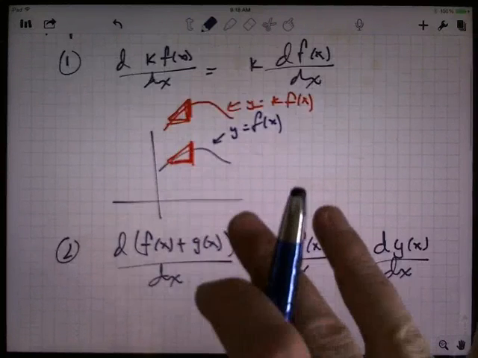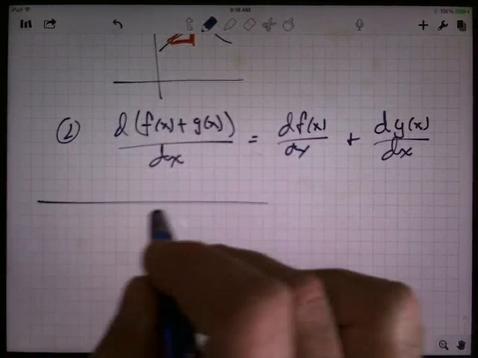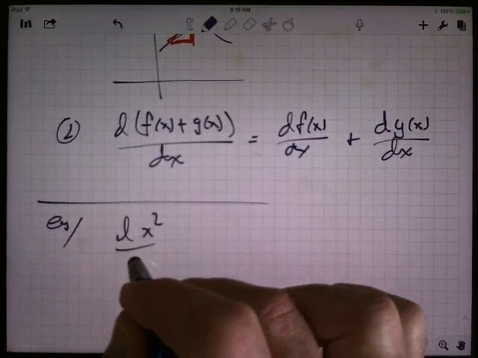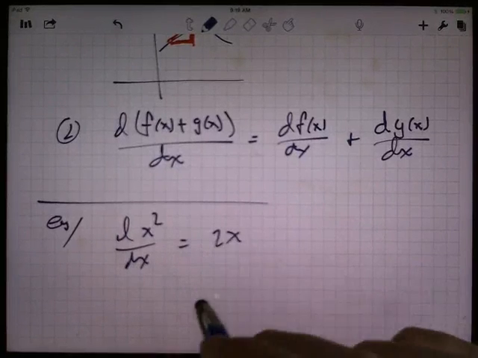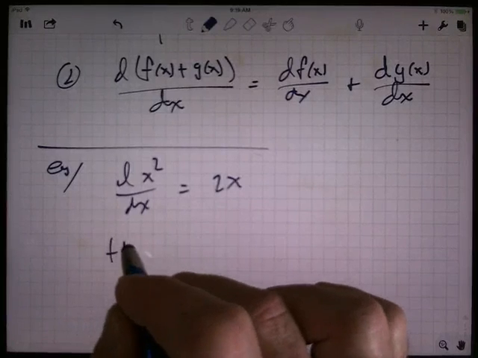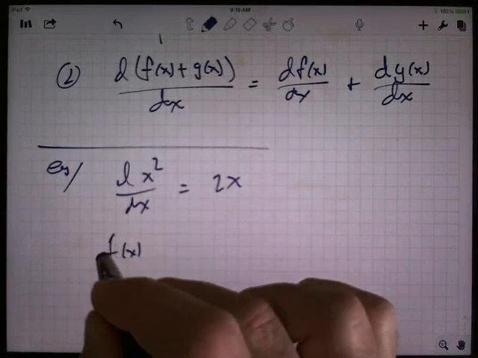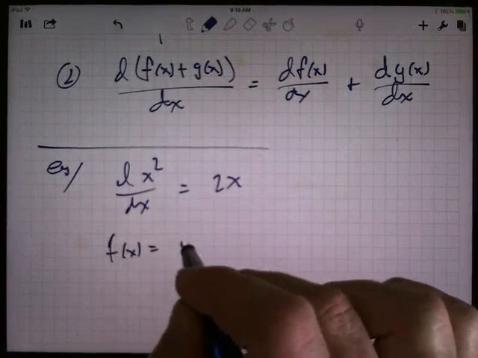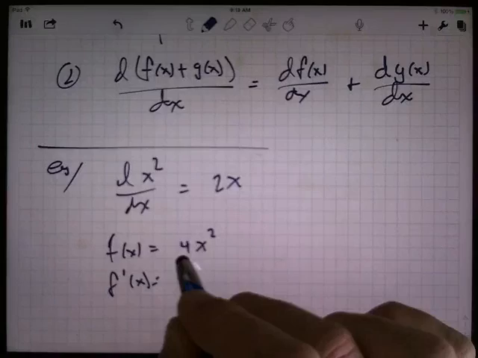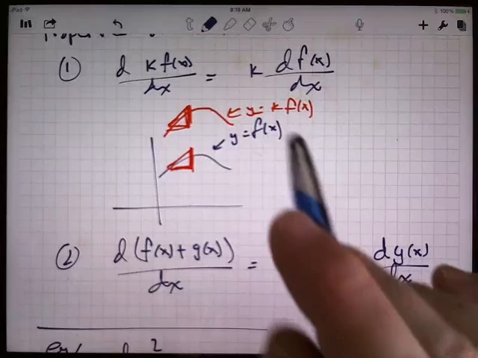But anyway, there's these two properties. How do these help us? Here are some examples. I know that the derivative of x squared is 2x to the first power. So now I know that if I have f of x equals 4x squared, then f prime of x is equal to, multiplying by 4 is property 1 up here, multiplying by 4 just comes along for the ride.